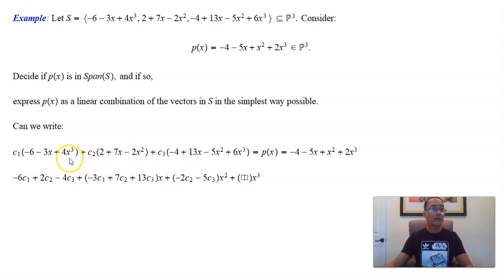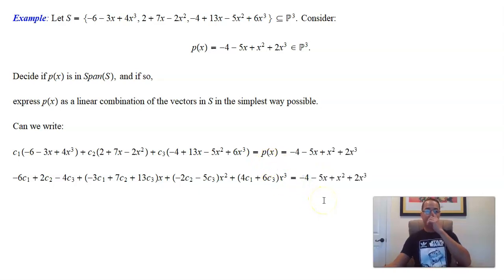So what have we got? 4C1, no x cubed from C2, but there is a 6C3. So we want that equal to this polynomial.